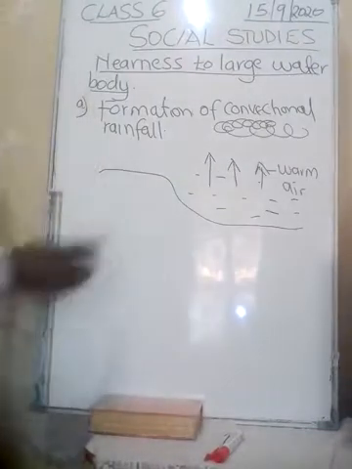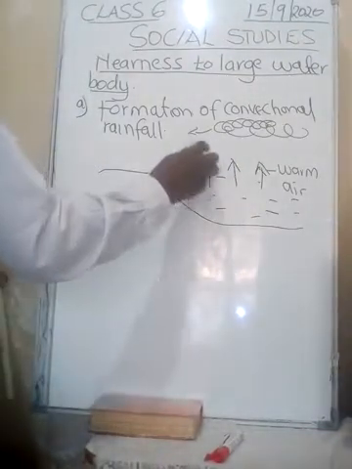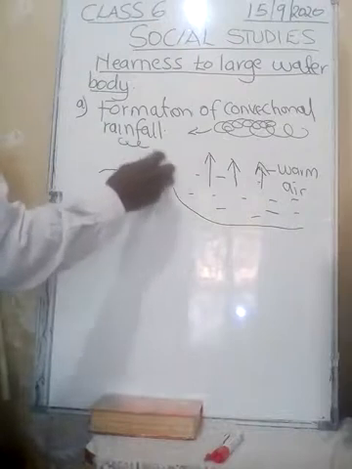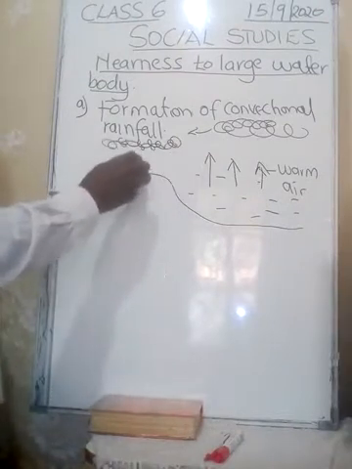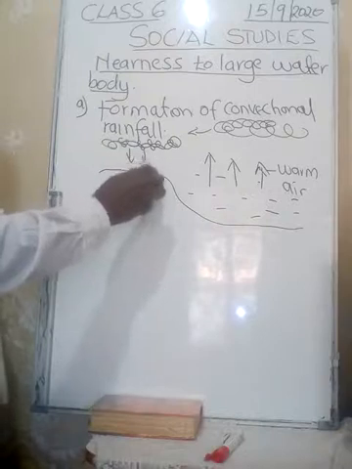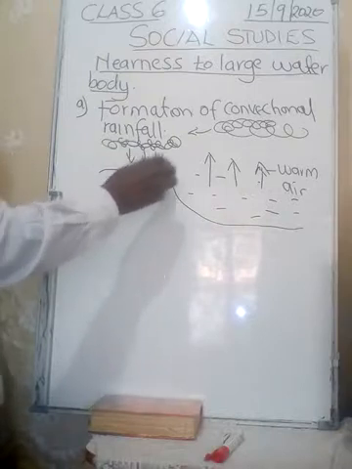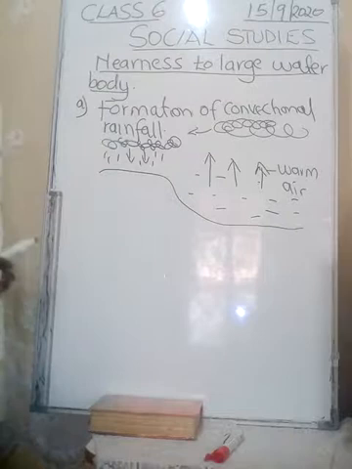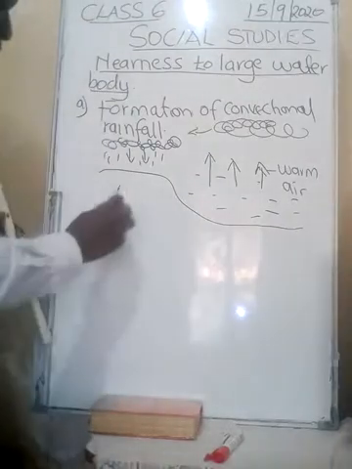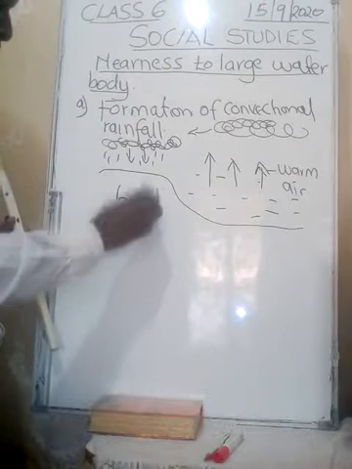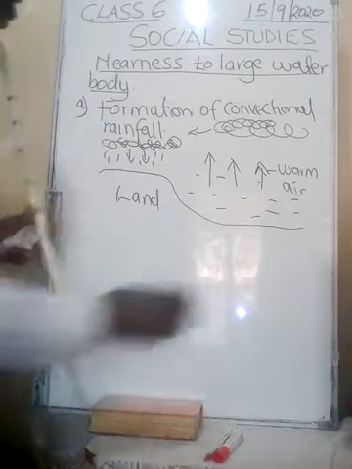These clouds will lead to the formation of other clouds, which in turn comes later as rain. So most of the regions, because this is land, and this is what we call water body.